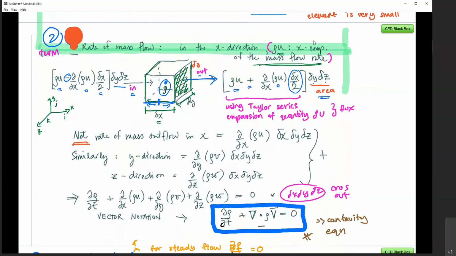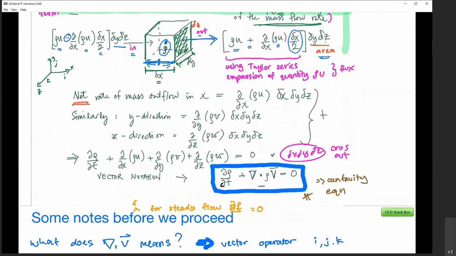Now the net rate of mass outflow in x can be written as d over dx of rho u, multiplied by dx dy dz.